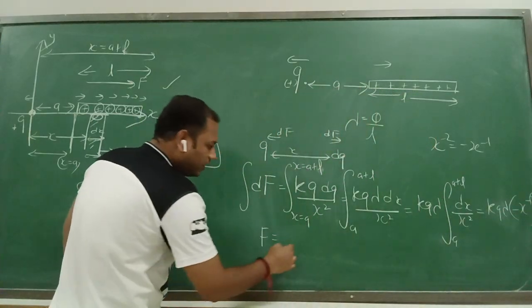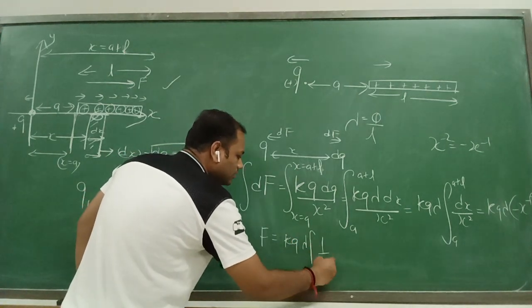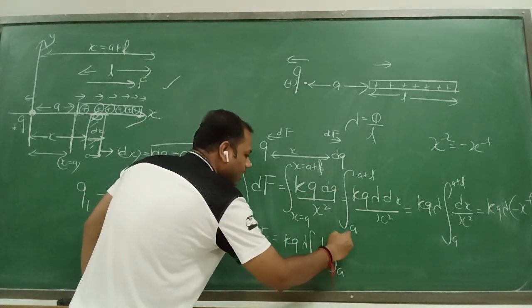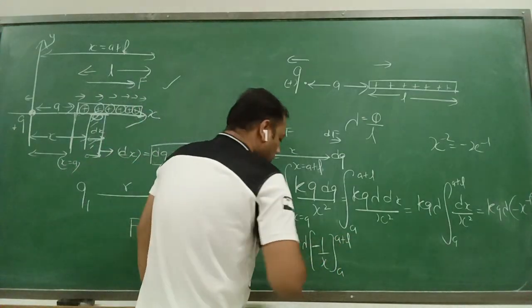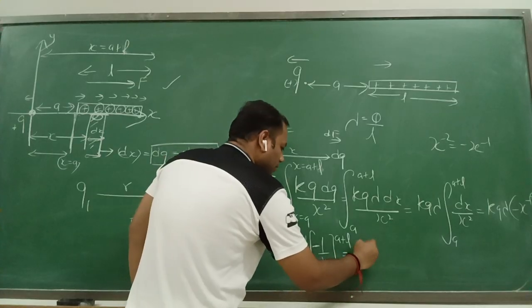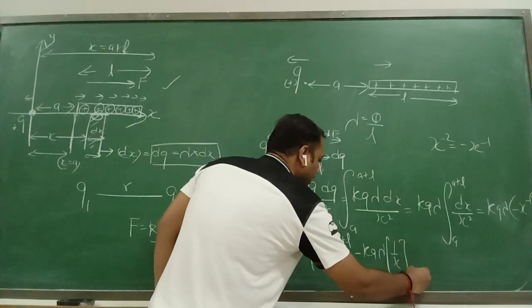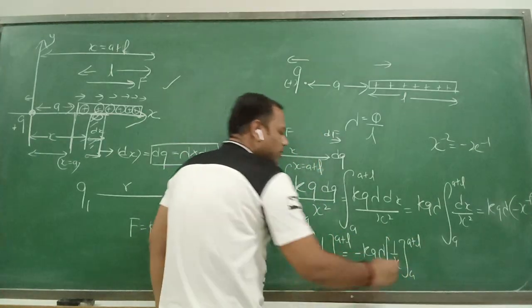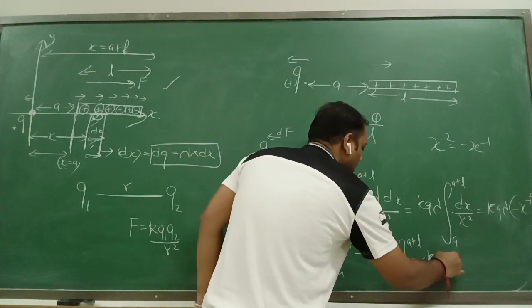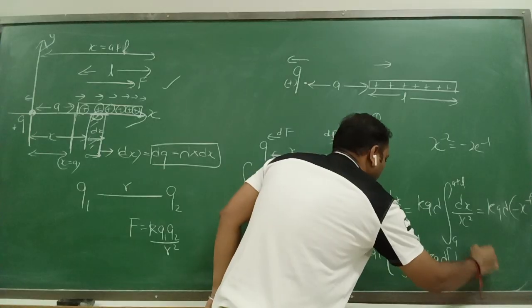Now F we got as kQ lambda, and 1 by x, lower limit is a, upper limit is a plus l. Minus is also present here, so we can take minus outside. Minus kQ lambda we will get, and 1 by x. First we put upper limit, then we put lower limit. Minus kQ lambda, 1 by a plus l minus 1 by a.